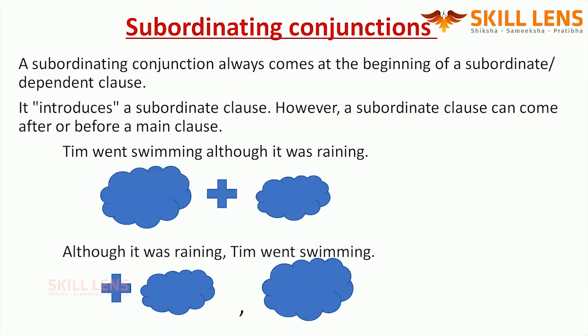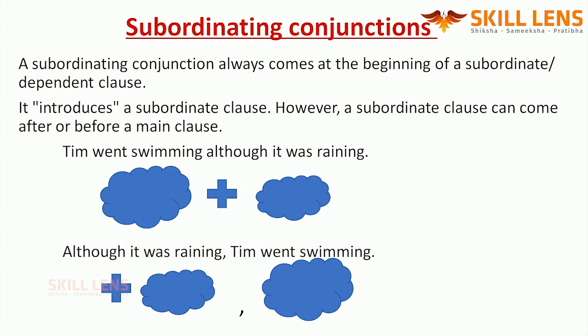In this video, we will talk about subordinating conjunctions. A subordinating conjunction always comes at the beginning of a subordinate or a dependent clause. Let's look at the clouds that we see on this slide. In the first part, you see that there is a bigger cloud followed by a smaller cloud. The bigger cloud is the main clause, or the independent clause in a sentence. The smaller cloud is the subordinate or the dependent clause.